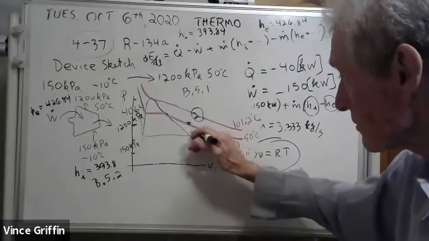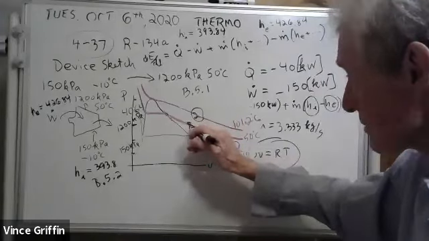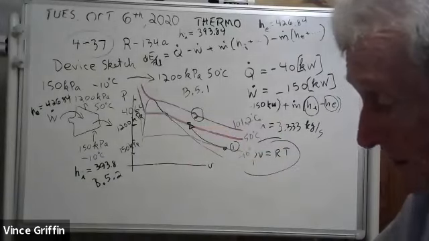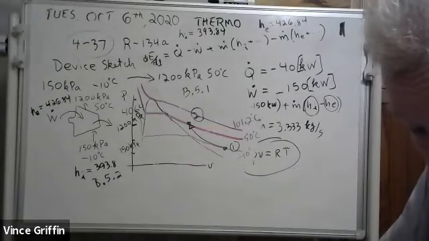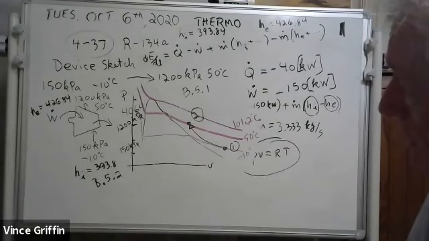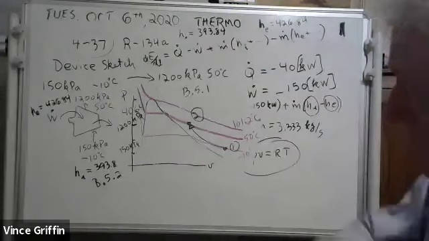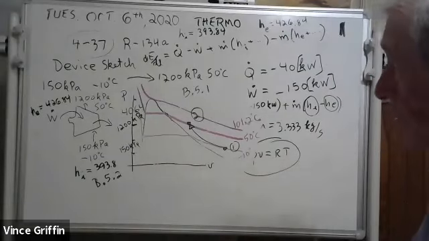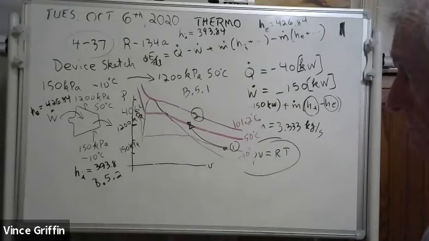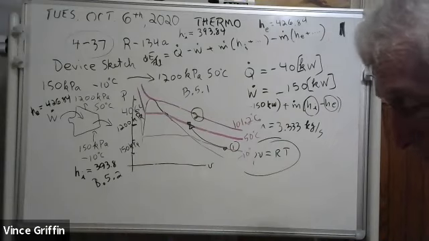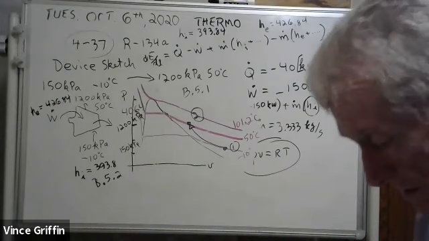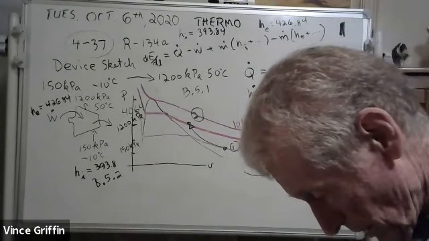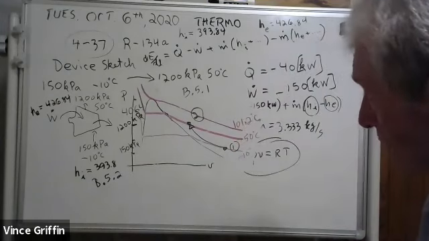And here's your process. It's not an adiabat, but it's kind of similar. The thing is, you've got a heat transfer out of whatever it was. I forgot. Was it 40? Yeah, you had 40 kilowatts transferring out.